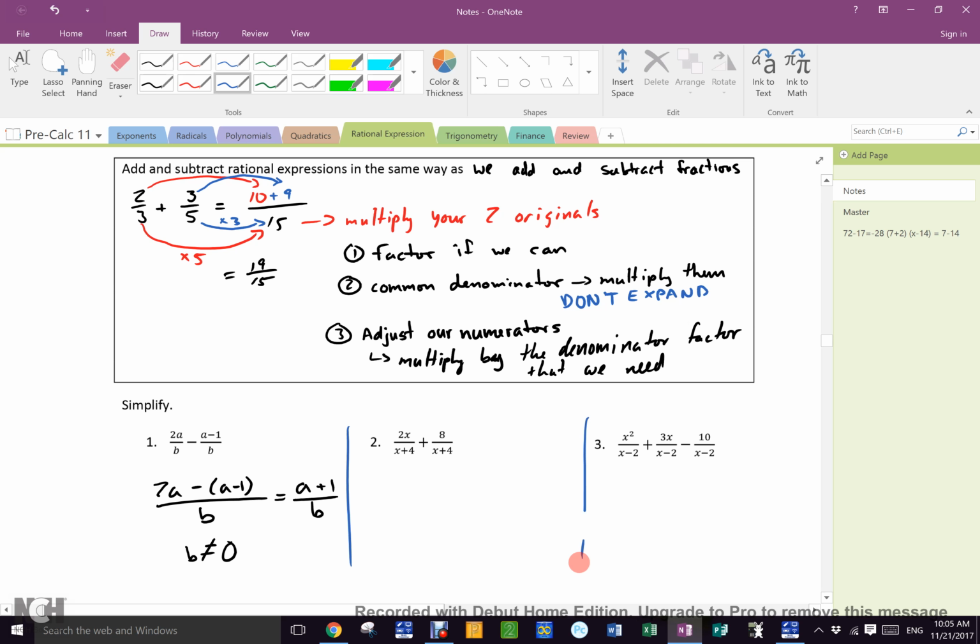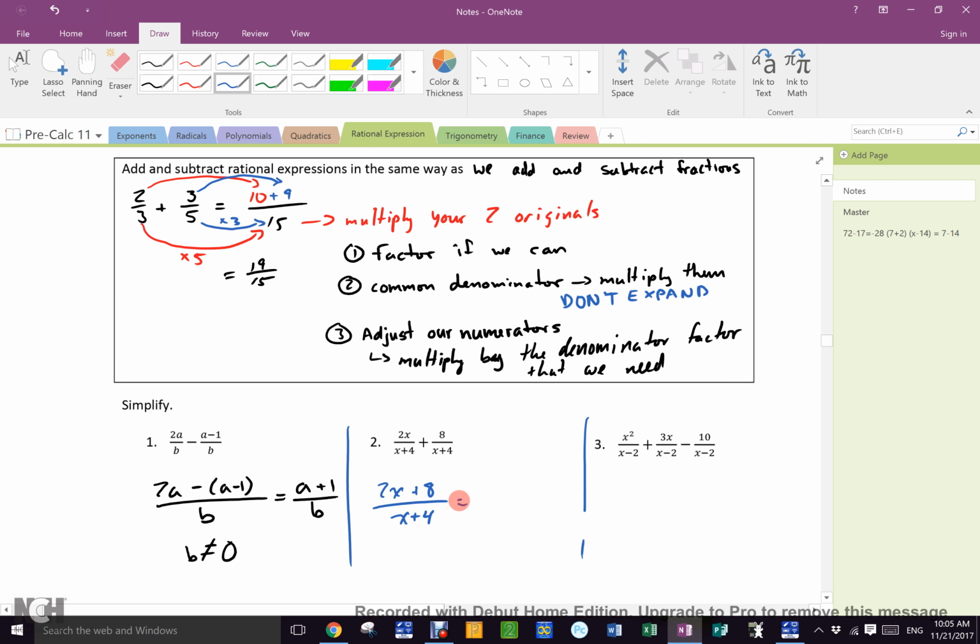Why? Common denominator. So this is 2x plus 8 over x plus 4, yes? We happy with that? Now, what should we be doing every time we can in a grade 11 classroom? Factor or simplify?